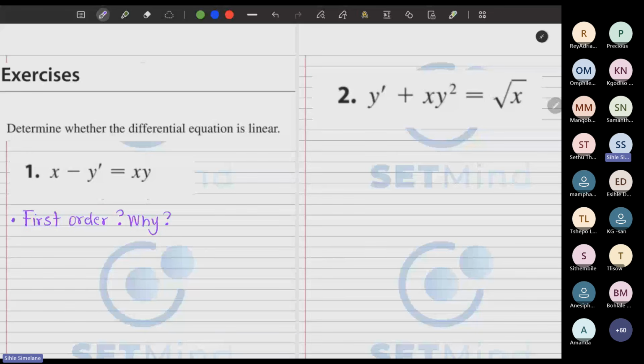You should remember how I defined a first order differential equation. I see we have a hand from Samantha. You can go ahead. Why is this a first order? Okay. I cannot see your response, but let me give this a shot. Anyone, guys, who wants to give this a shot? Is this a first order and why?